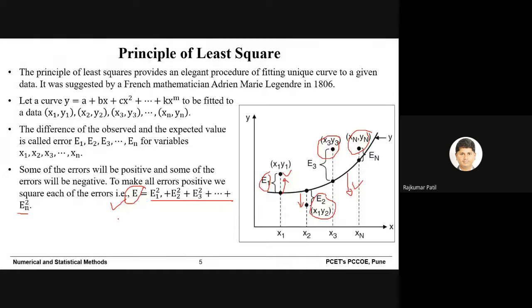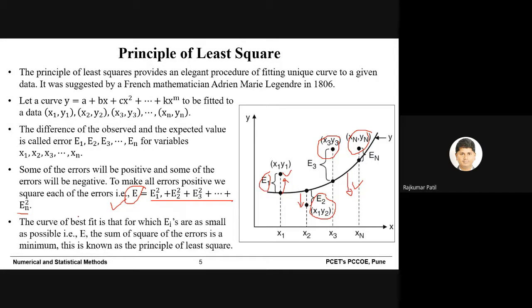And the curve of best fit is that for which the values of E1, E2, E3 will be as small as possible, and sum of the squares of the error is minimum. So we are taking the squares of each error and then we go on adding those. So that's why they are called sum of square of errors. And this is nothing but the principle of least square.